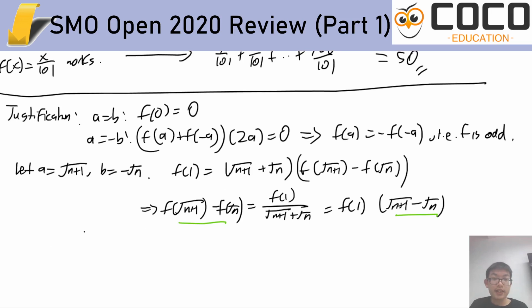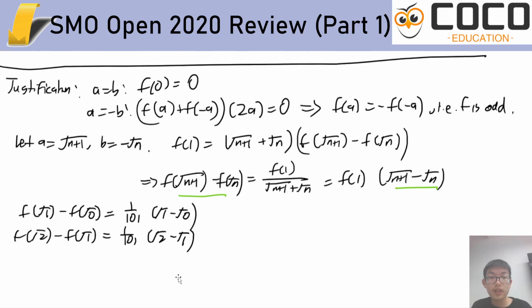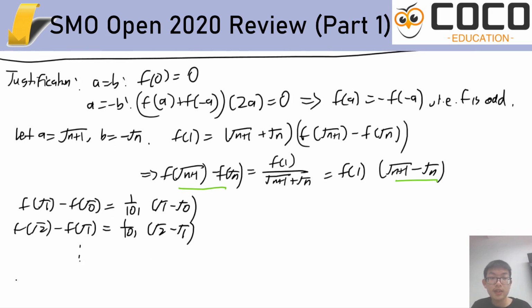It means that if I were to just run through all my integers n, I get this whole bunch of things, which if I were to just add them up, will give me pretty much any nice value straight away.